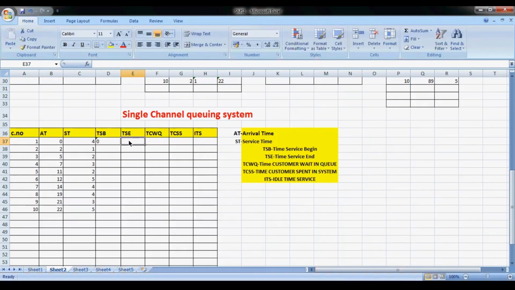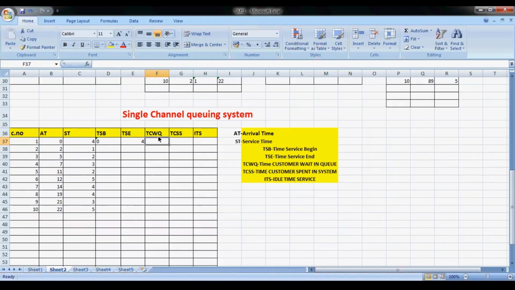So how to calculate time service end? Time service begin plus service time. So 0 plus 4 is the time service end, so we got 4.